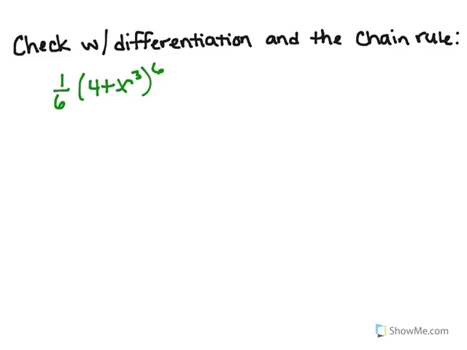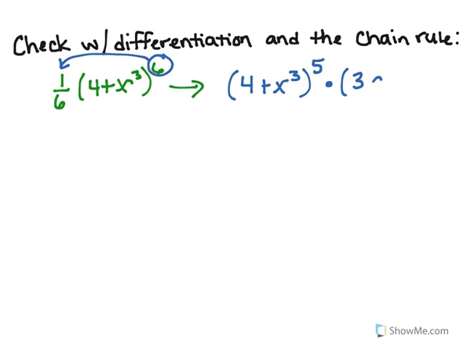If I want to find the derivative of that, you would bring this exponent down, multiply to get 1, keep the base the same, subtract 1 from the exponent, and then multiply by the derivative of the inside, which would be 3x squared. And that's what our integrand was. So it turns out that we did, in fact, find the correct antiderivative.